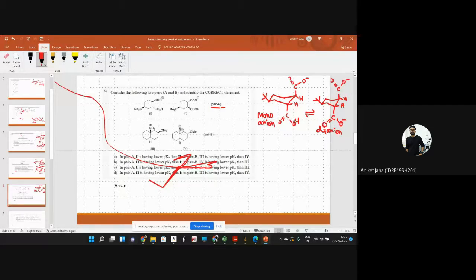Okay, so this is the measure of the acidity. We know that the more easily a compound releases the proton, the more acidic it is, right? So let's draw the structure of the second one.